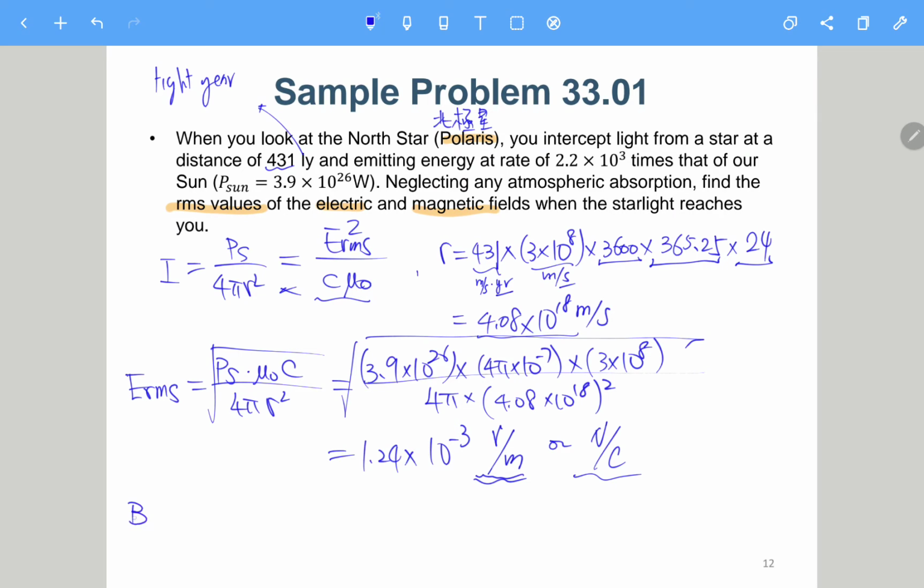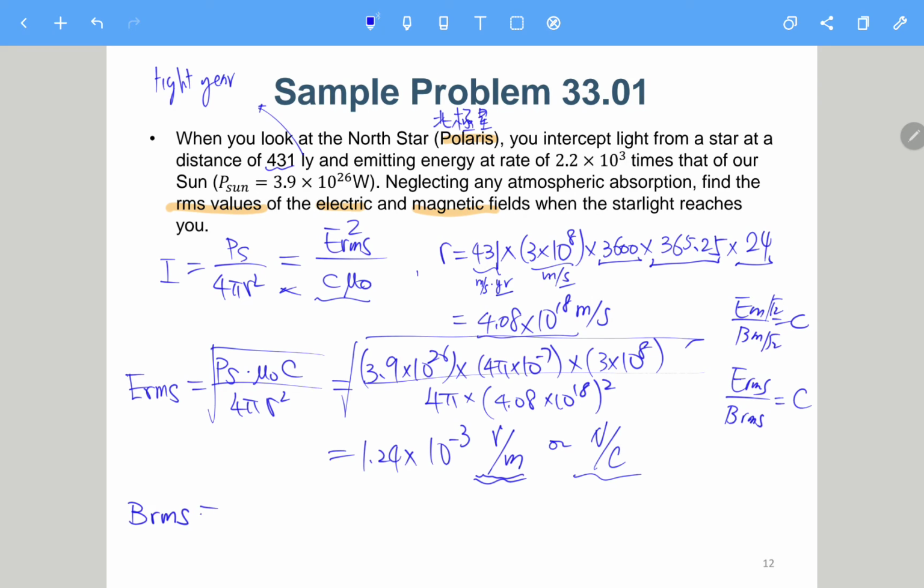And then for BRMS, even though we only have EM over BM equals C, if we have ERMS over BRMS, it should still be C, because we just divide by the square root of 2 for both EM and BM, and they cancel each other, so it doesn't change the left side. This one is ERMS, this one is BRMS.